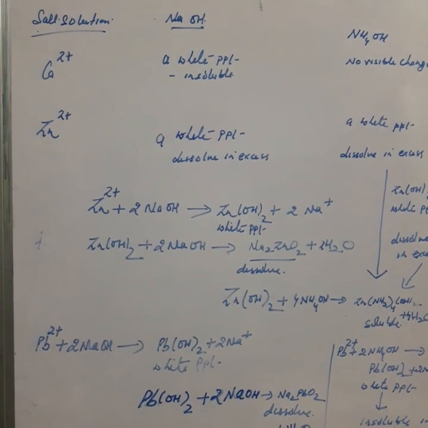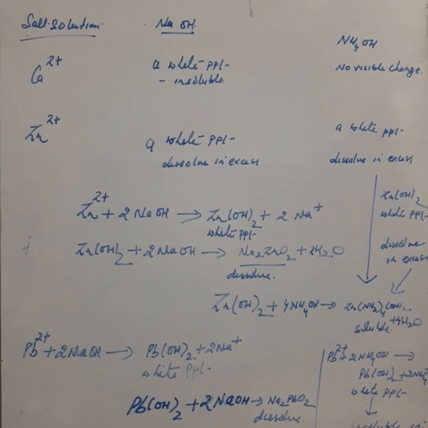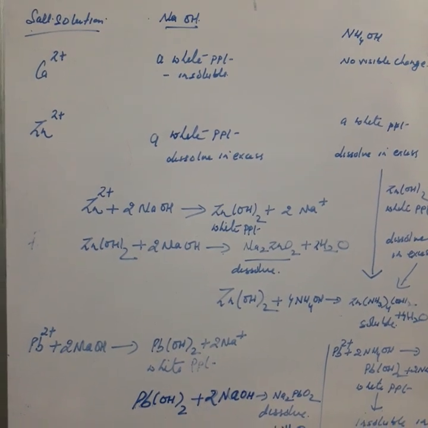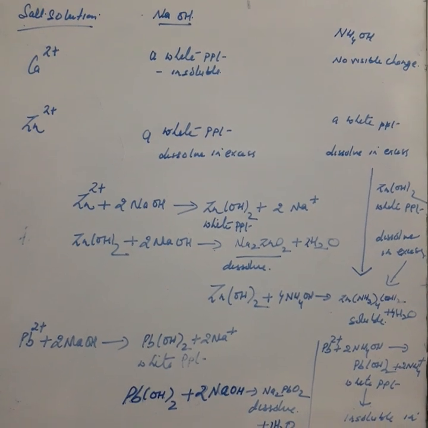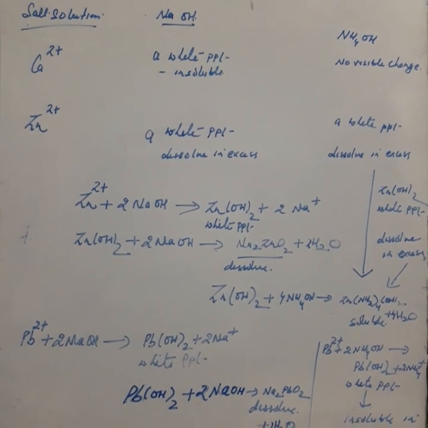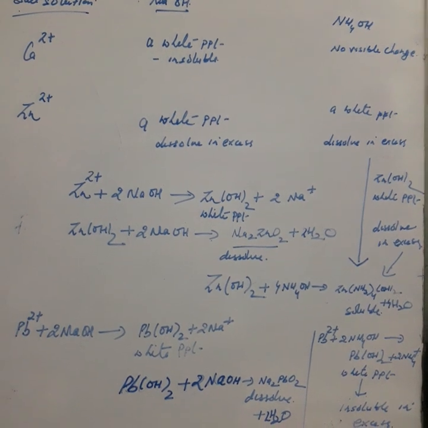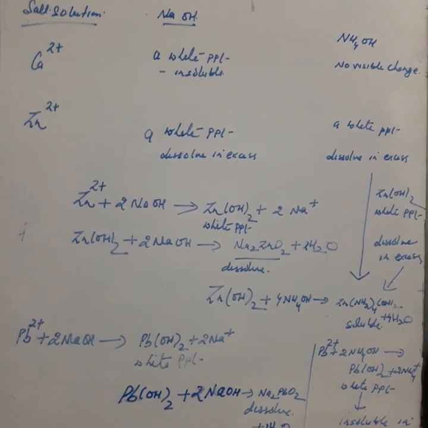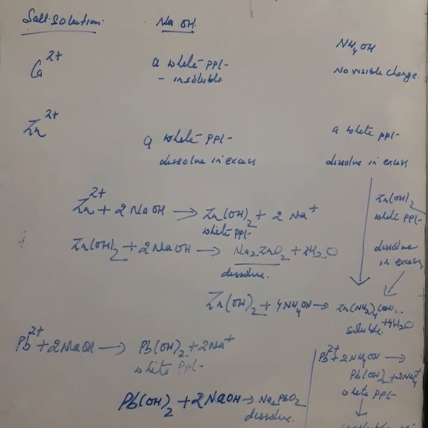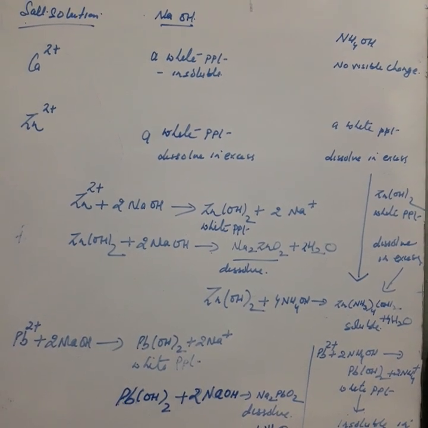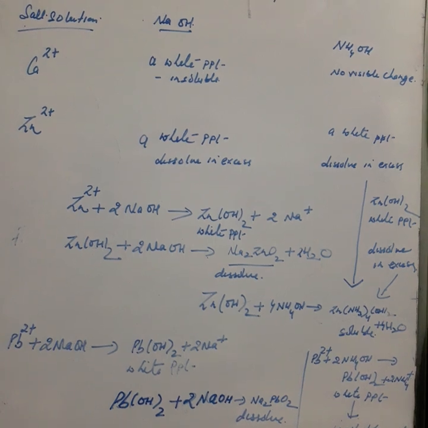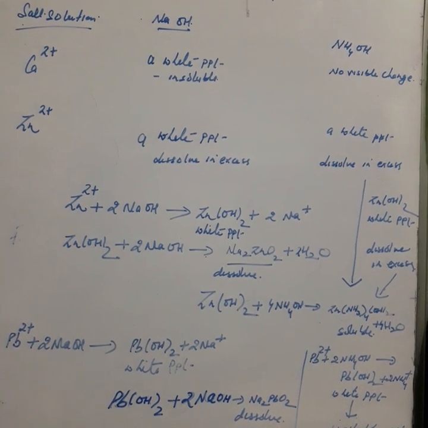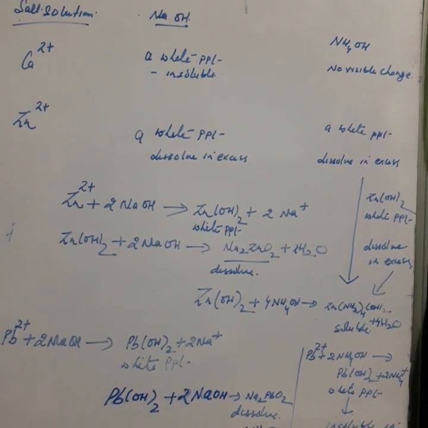First question, why do we use sodium and ammonium hydroxide? Because when they are added to the solution of a metallic salt, the metallic hydroxide formed gets precipitated, and these metallic hydroxides are of different color and different nature.